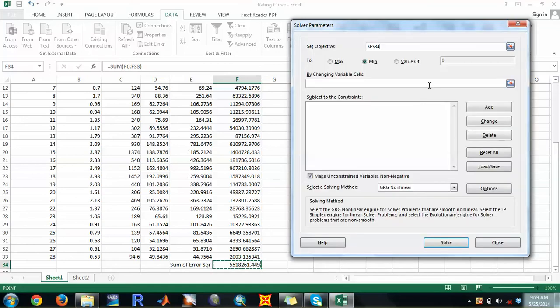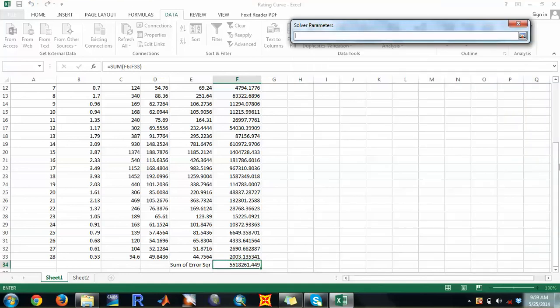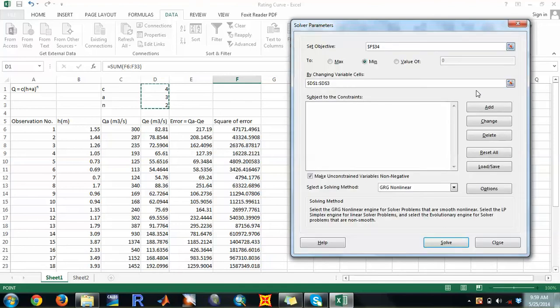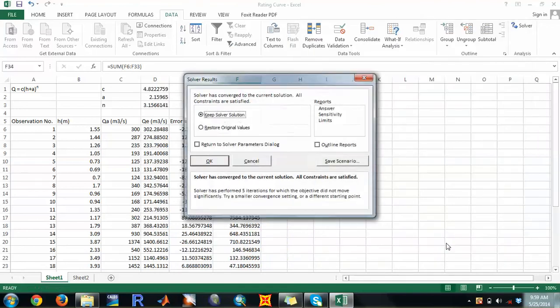The parameters to be manipulated are C, A, and N, because we assumed them randomly. By manipulating them until we obtain the minimum square of error, our C, A, and N values will be estimated that way. So you say okay, let's solve it.